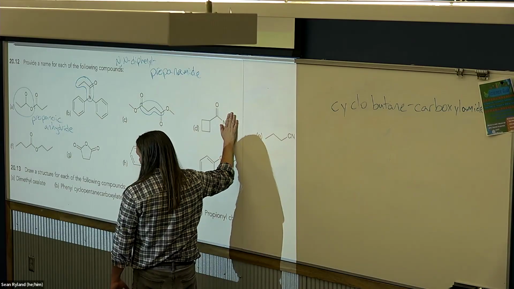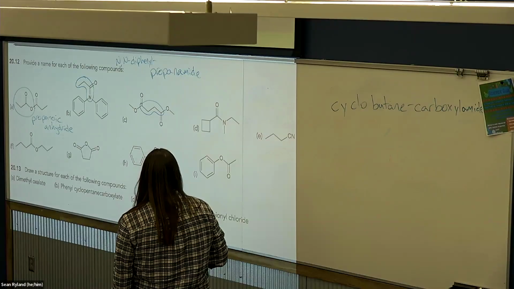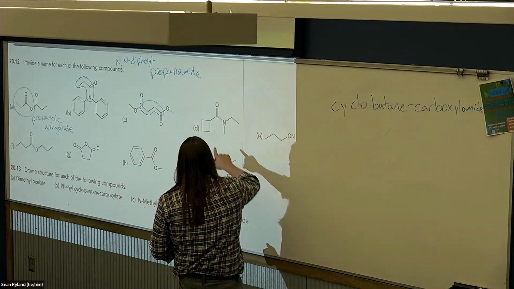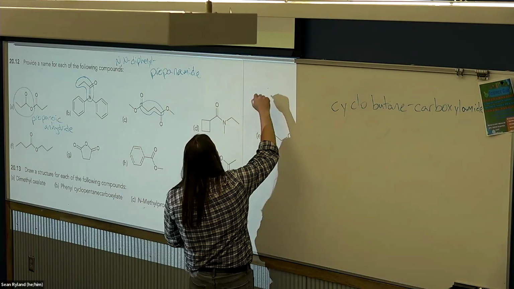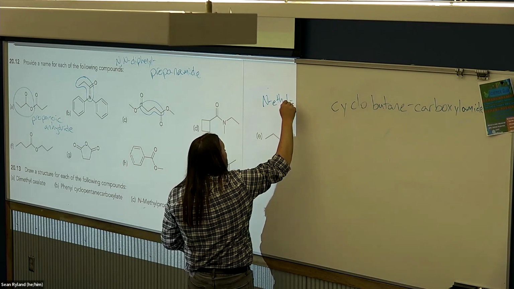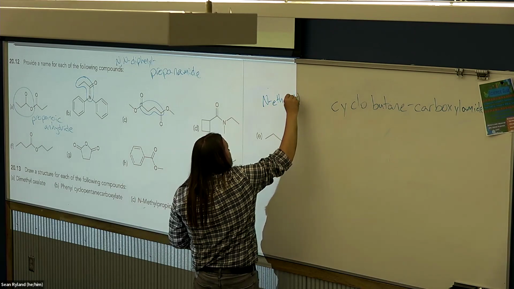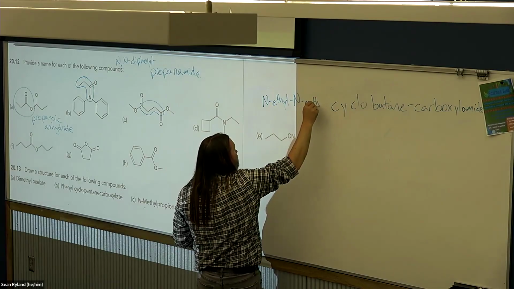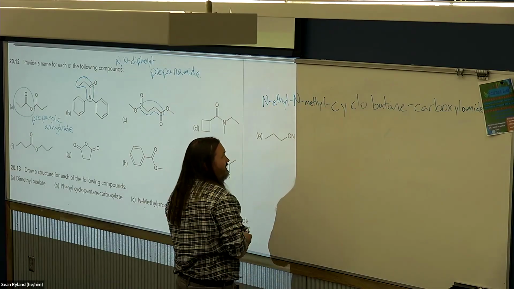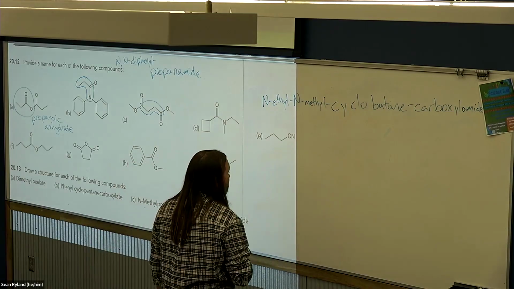So it's cyclobutane carboxylamide. And then we say what our branches are. N-ethyl, N-methyl, cyclobutane carboxylamide. Okay, the only thing I missed is the carboxyl.